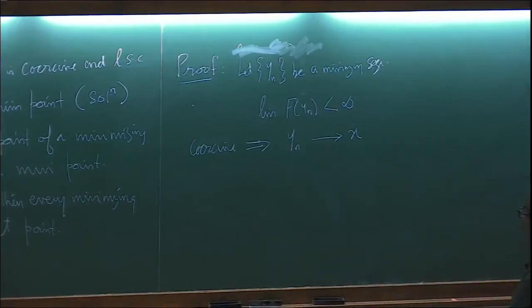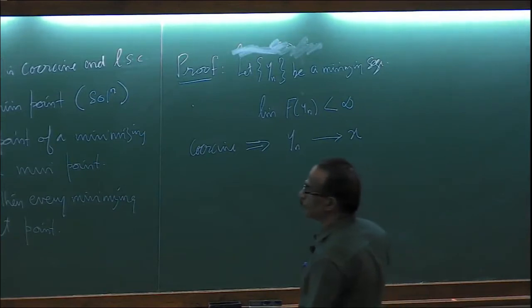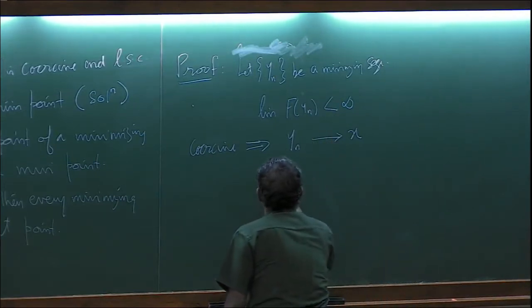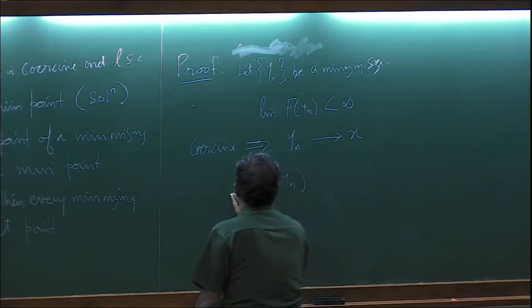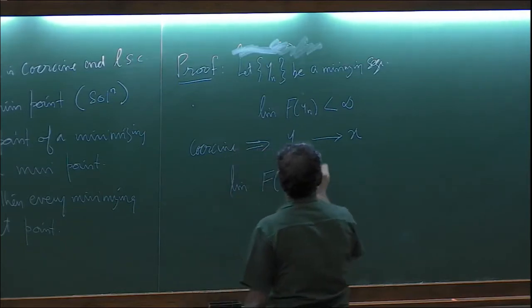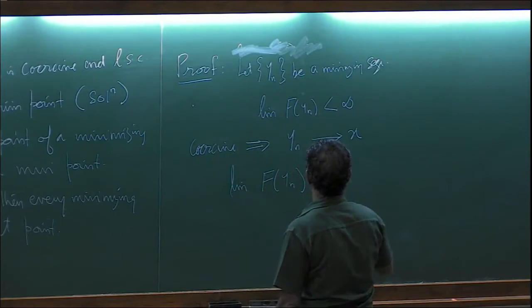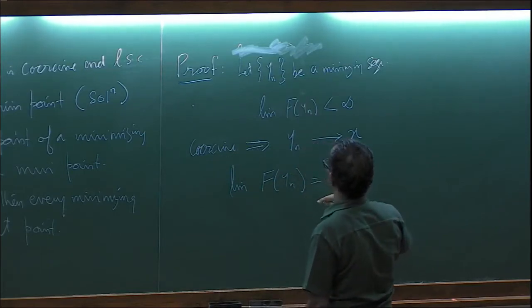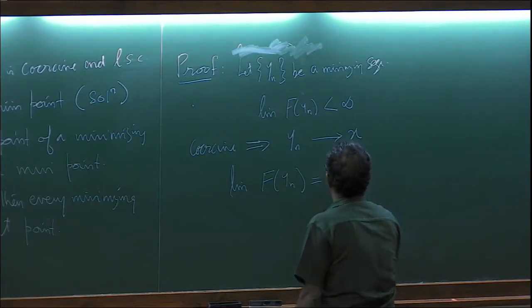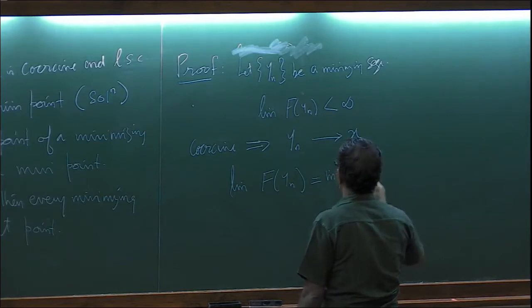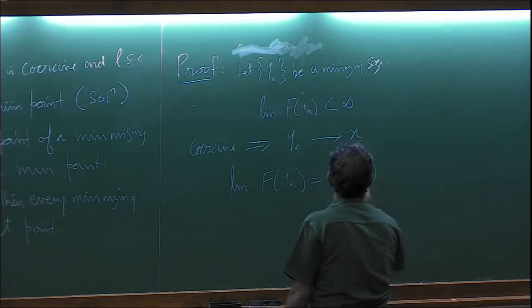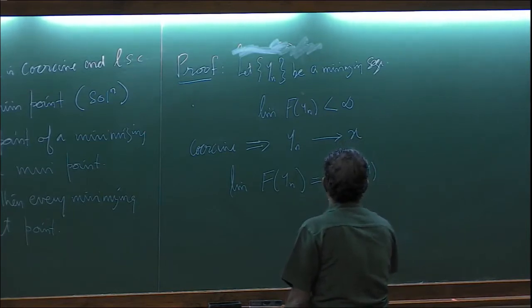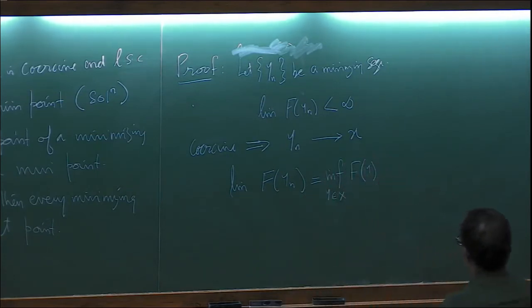Then what does that tell you? yn is a minimizing sequence, so the limit of f of yn is equal to what? The infimum, right? It's a minimizing sequence. That's the meaning of a minimizing sequence.